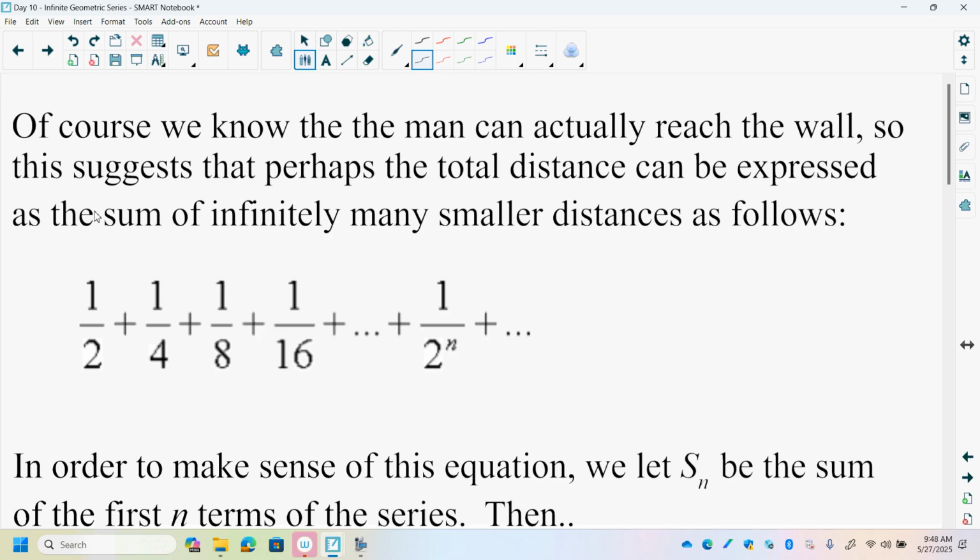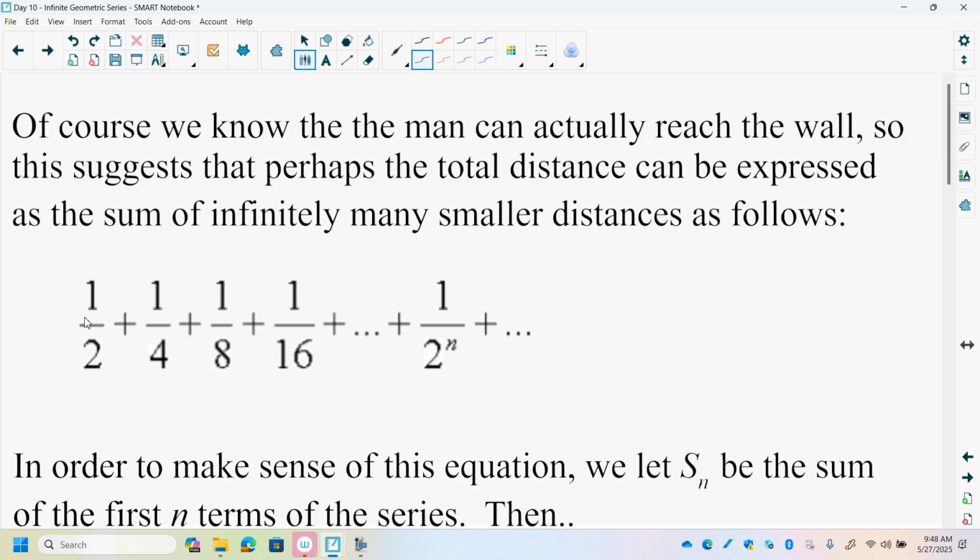Okay, so what that suggests is that perhaps the total distance can be expressed as the sum of infinitely many smaller distances, as follows. So what did Zeno do first? He walked halfway. Say, just for the sake of argument, the room was 1 unit long.